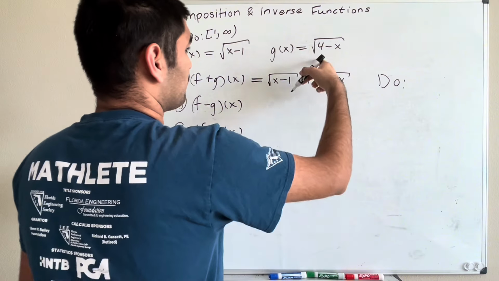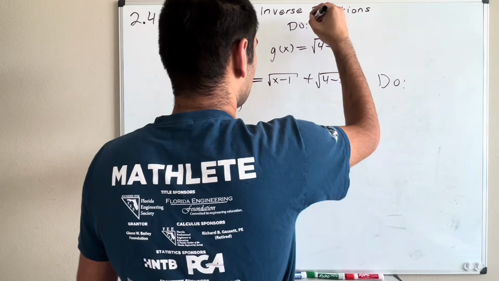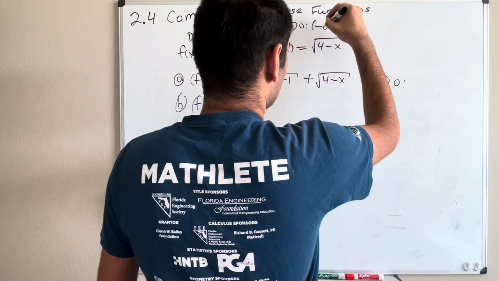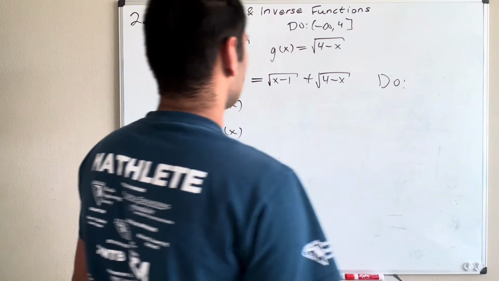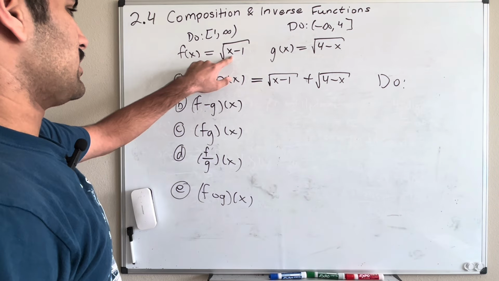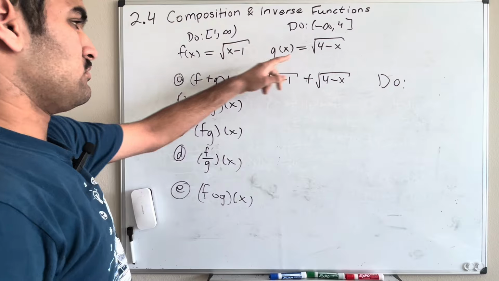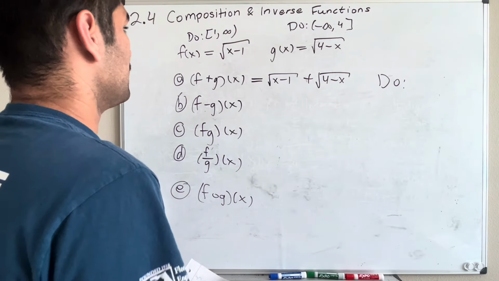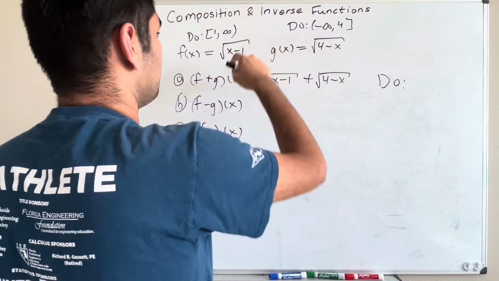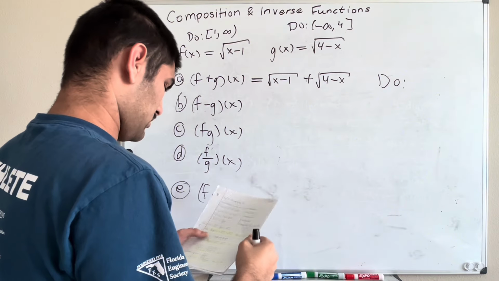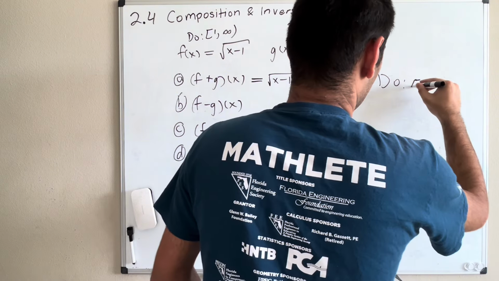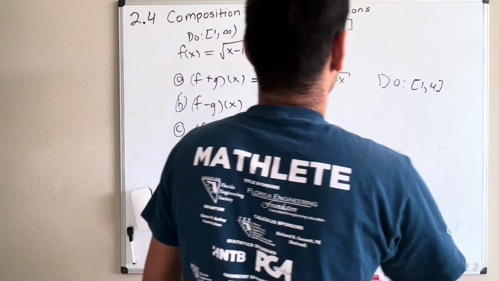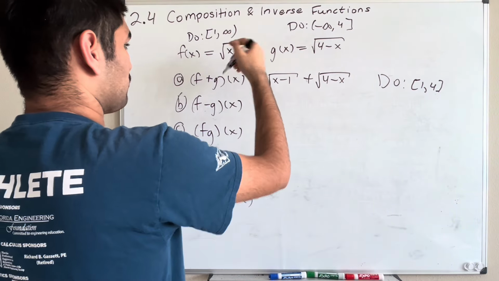For g of x, the domain would be from negative infinity to 4 included. Basically, the stuff under the square root can't be less than 0. If we take the intersection of these two domains, you get from 1 to 4, because that's what they have in common.